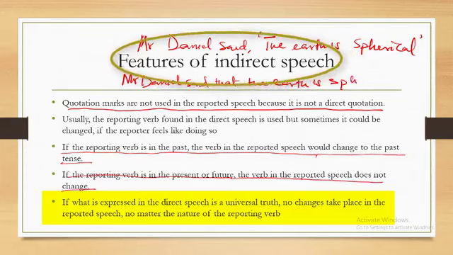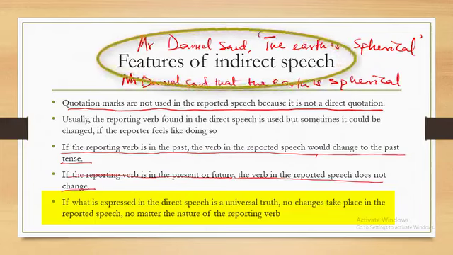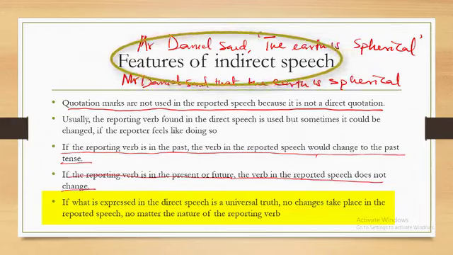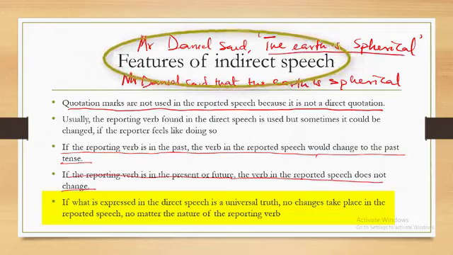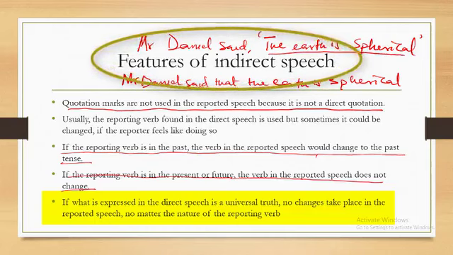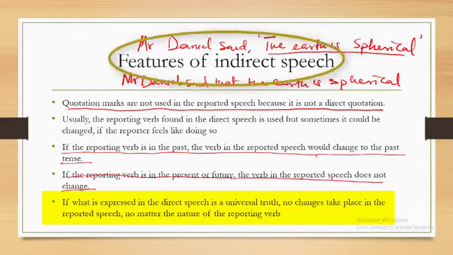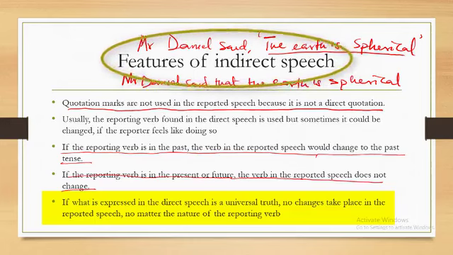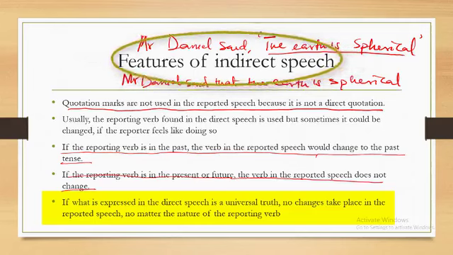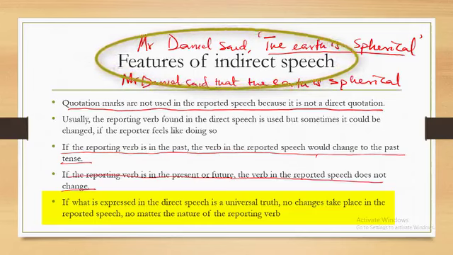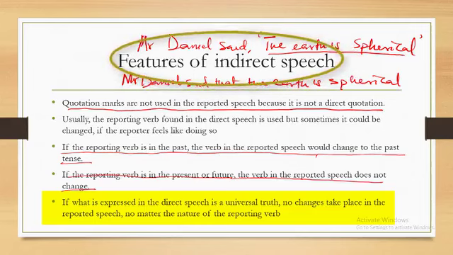You can't say Mr. Daniel said the earth was spherical, because the earth is spherical is a universal truth. Universal truths are things that remain unchanging over time. They are universal. It's a truth that doesn't change with time. So, thousands of years ago, we proved that the earth is spherical. Right now, the earth has not changed. It still remains spherical. So it's a universal truth.